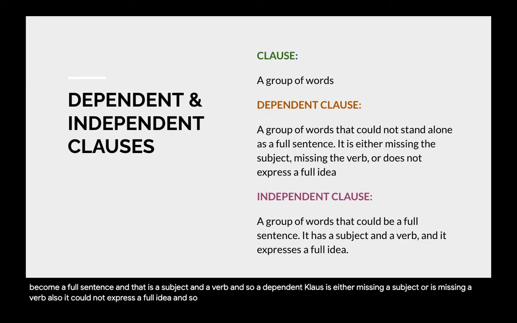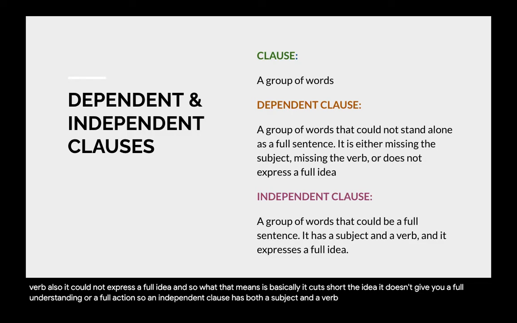And so what that means is basically it cuts short the idea. It doesn't give you a full understanding or a full action. So an independent clause has both a subject and a verb, and it expresses a full idea.